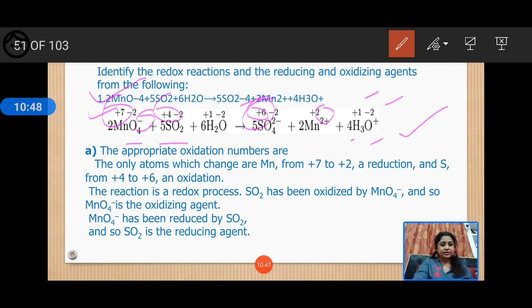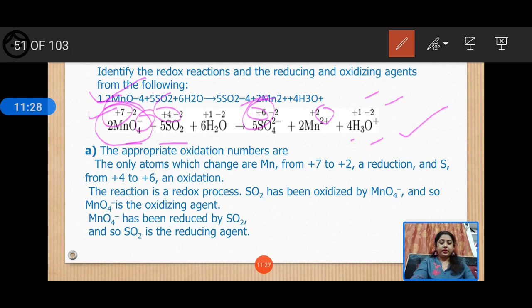One thing is clear with this change in oxidation number: this reaction is a redox reaction. Sulfur dioxide has been oxidized by MnO4-. This sulfur, +4 to +6, is being oxidized. Which is the cause of this oxidation? MnO4-. So MnO4- is helping sulfur dioxide to get oxidized, so MnO4- will be called the oxidizing agent.